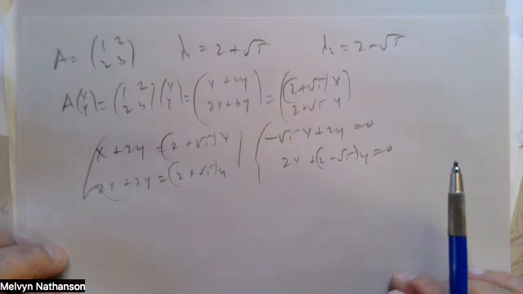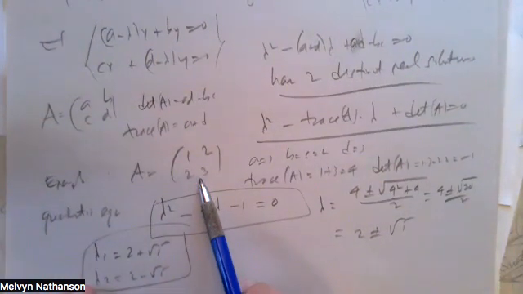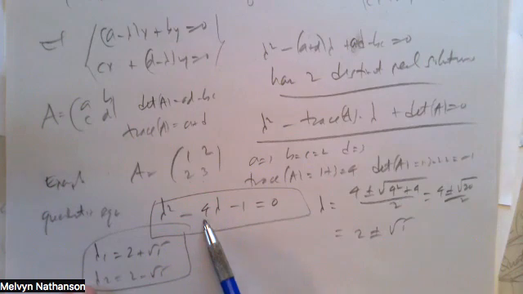So before I do that work, let me just go back. I always like to double check what I did. I have the matrix 1, 2, 2, 3. The trace is 4, and the determinant is minus 1. So I have the quadratic equation lambda squared minus 4 lambda minus 1.